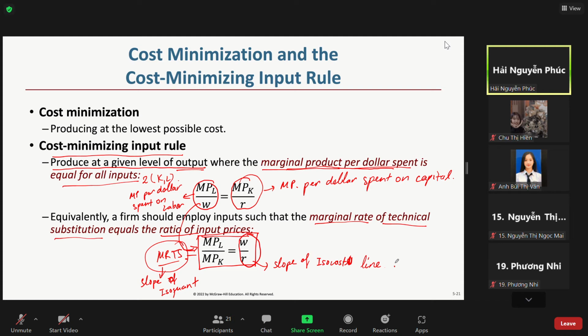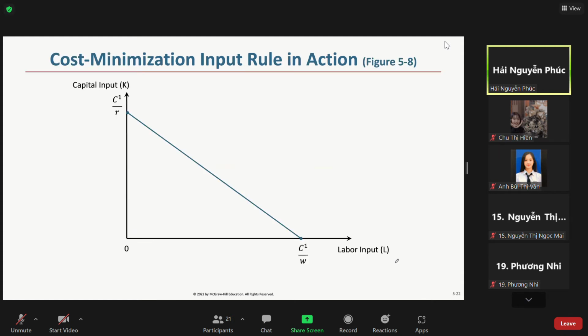Now, graphically, it looks like the following. Here is the isocost line. Here is our isocost line. All right. Here is an isoquant, right?